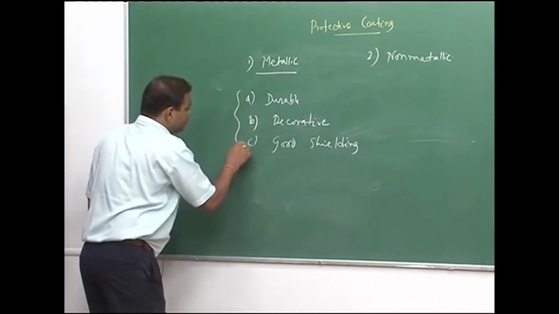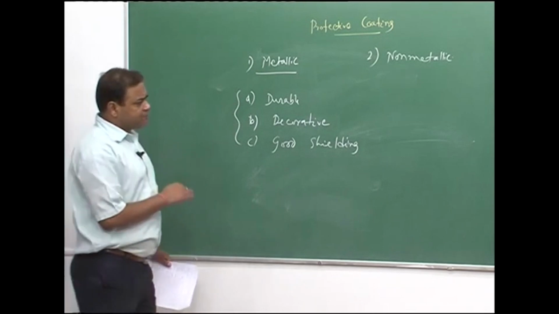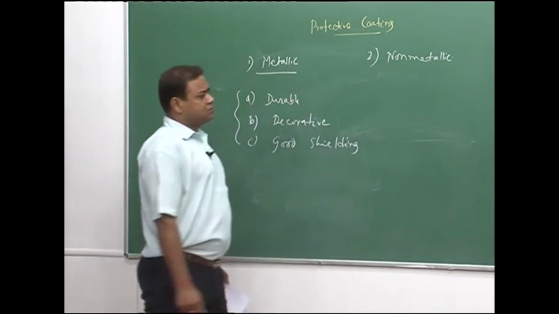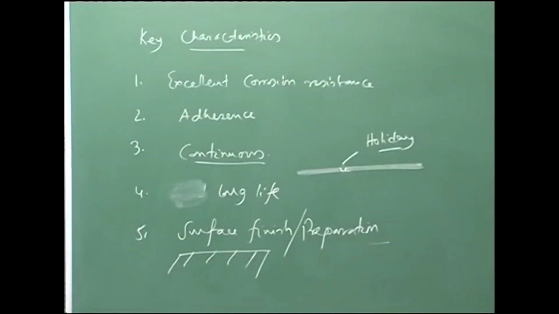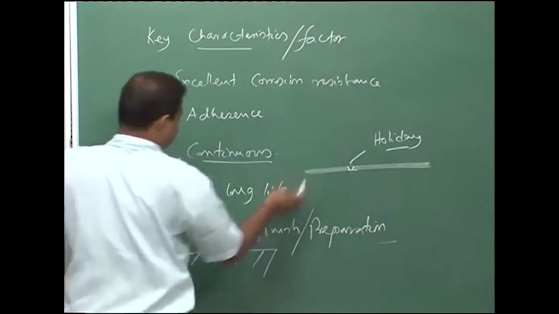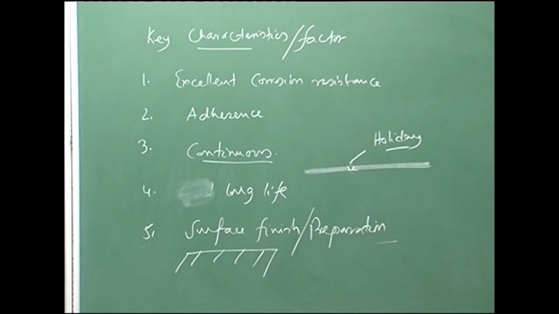For the metallic coating to be done, the key factor is surface preparation. The key factor is the surface finish of the metal surface on which the coating is to be done. That surface finish has to be very good.